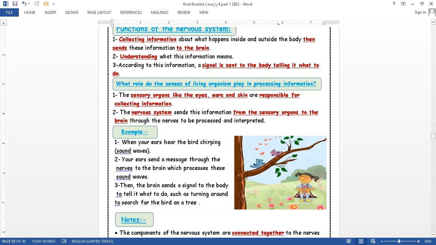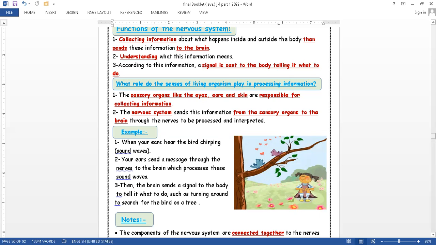So there is an important relation between our nervous system and the sensory organs in general. I think you can remember the example of the pizza and how we can recognize that this smell refers to the pizza.